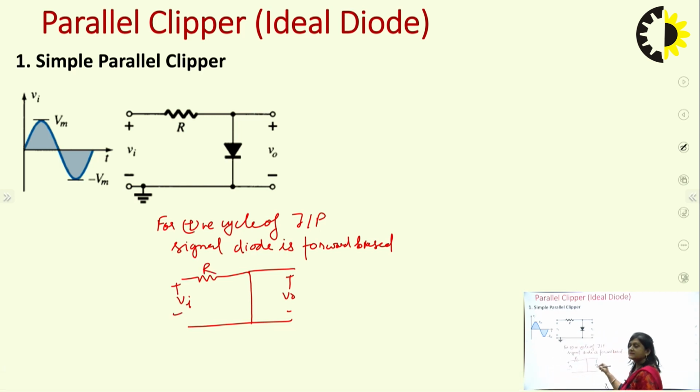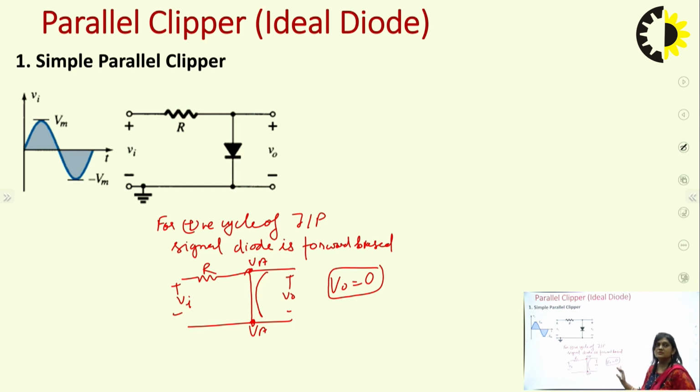Okay, so in this case the output voltage would be equal to 0, because we are taking the output between these 2 points, and these 2 points have been shorted. If there is a potential VA here, the same potential VA will be here. So the potential difference will be VA minus VA, that will be 0. That's why here the output voltage would be 0 in this case.